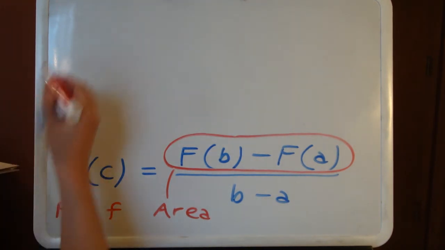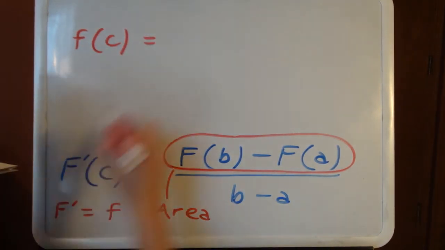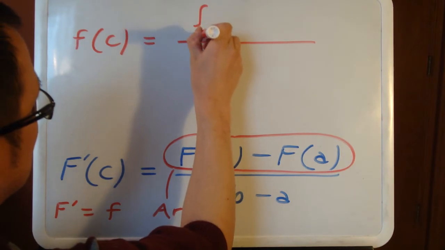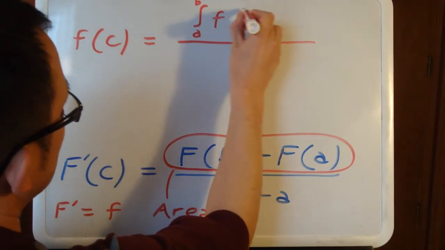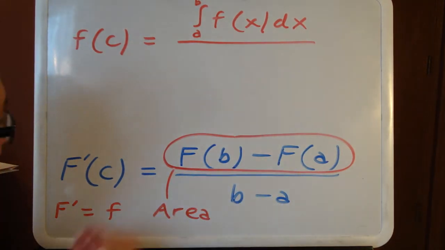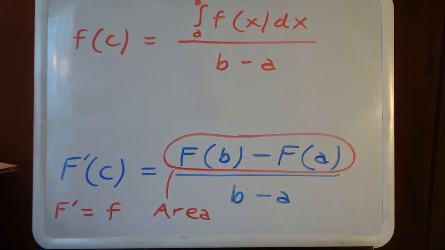So if we rewrite it that way, it's going to have a different look to it. So it'll look like f of c, and then here I'm going to use the integral notation, integrate from a to b, f of x dx, right, because that'll be F of b minus F of a, and then divide by b minus a.